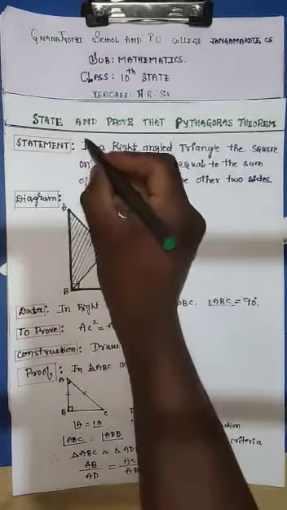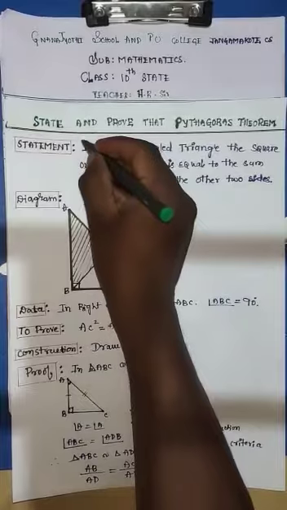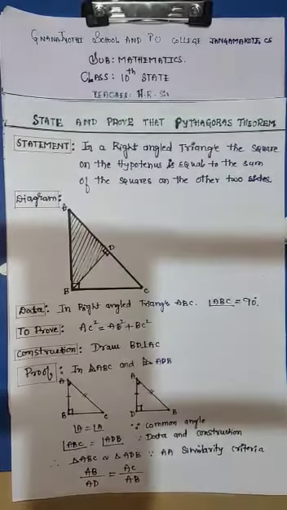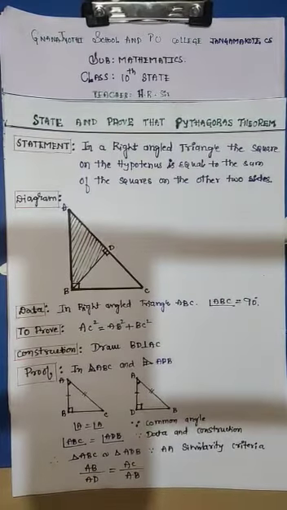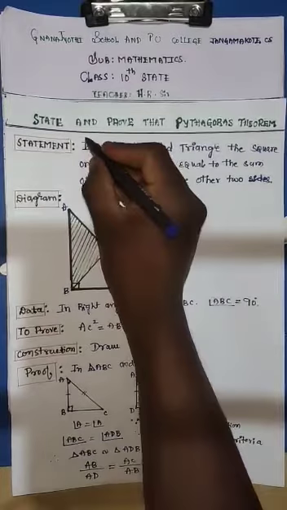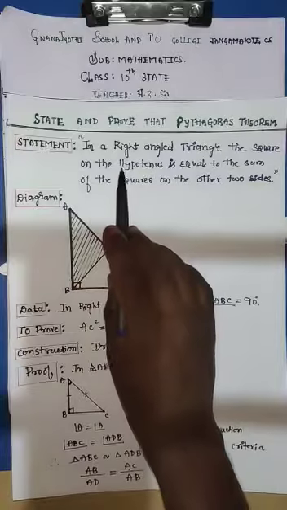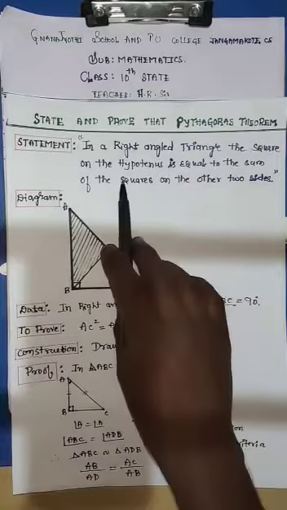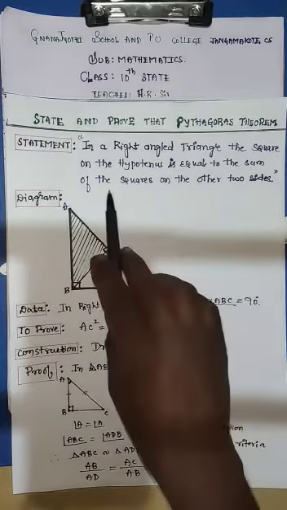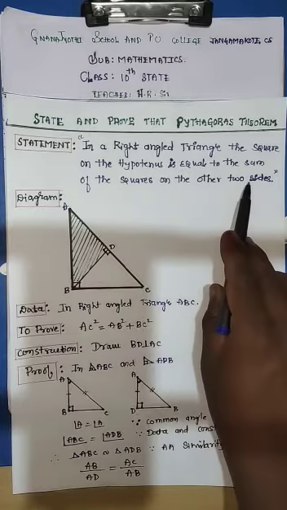Once again, in a right angle triangle, the square on the hypotenuse is equal to the sum of the squares on the other two sides, right?